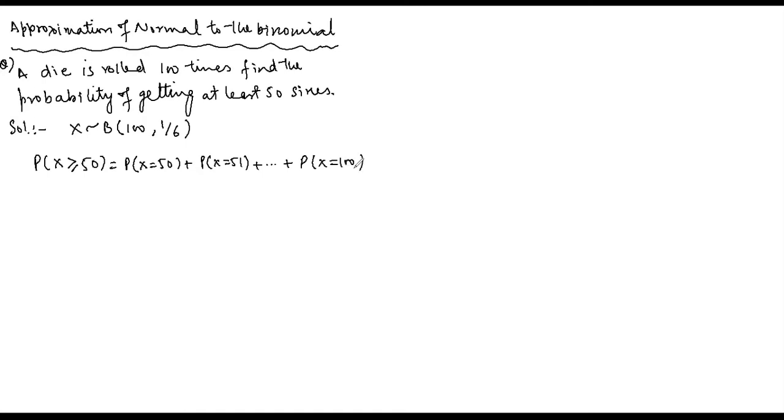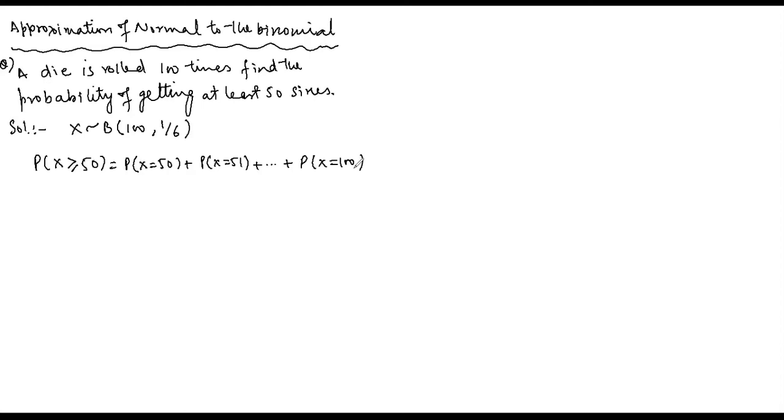Now it is very complicated and difficult and a long procedure to find out all the probabilities from 50 to 100. So in this case, the binomial distribution is not suitable.